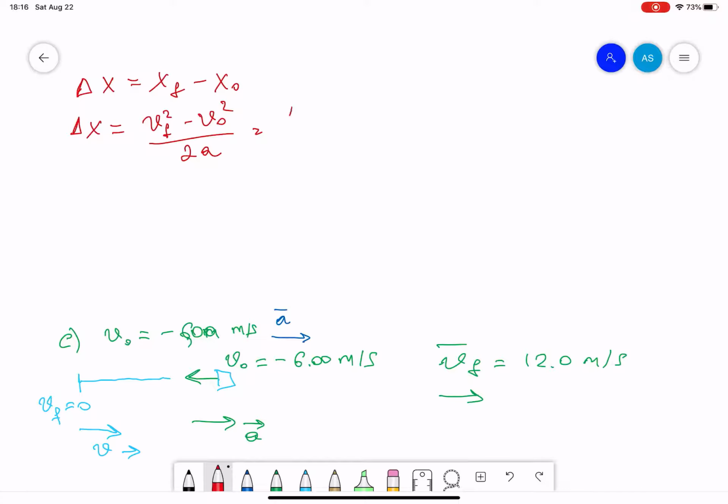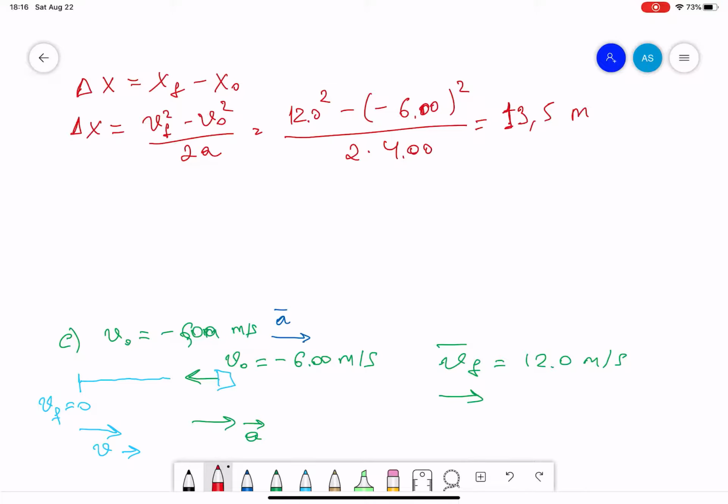V final was 12 squared minus minus 6 squared, divided by 2 multiplied by 4 meters per second squared, which is the acceleration. If you do the calculation, you should get the same number, which is 13.5 meters. This is our displacement.